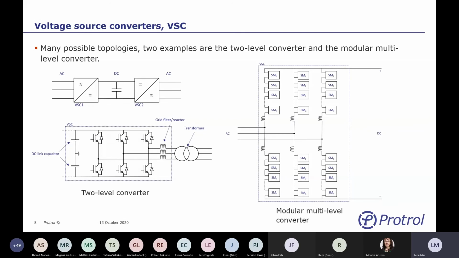And here the phase voltages are formed by connecting a suitable number of submodules to form the desired AC voltage. And the topologies look quite different, but the aim of both converters is the same, and it is to form the three phase voltages to follow the reference that is given from the converter controller.